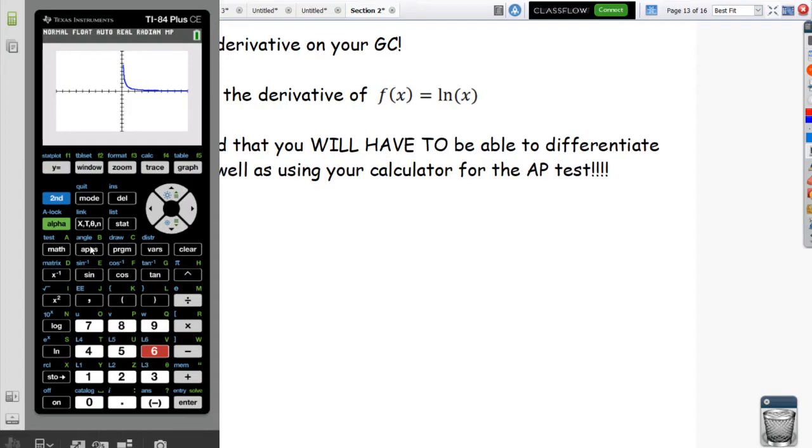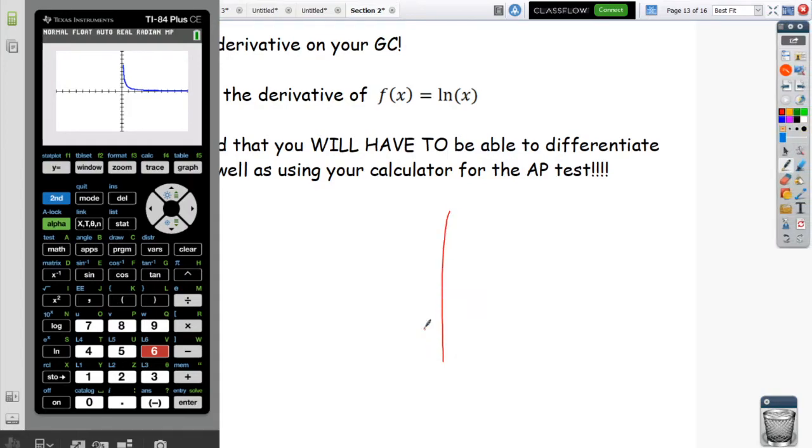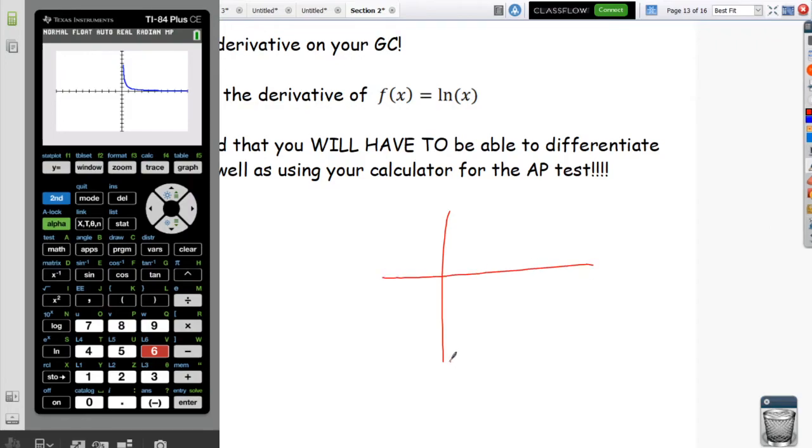Now just to emphasize that, ln of x looks roughly like that, right? So comparing this graph to its derivative right here, we can see this graph starts off with really steep slope.